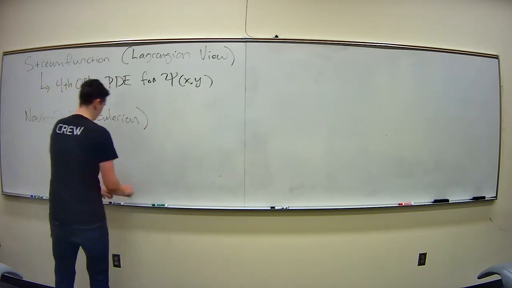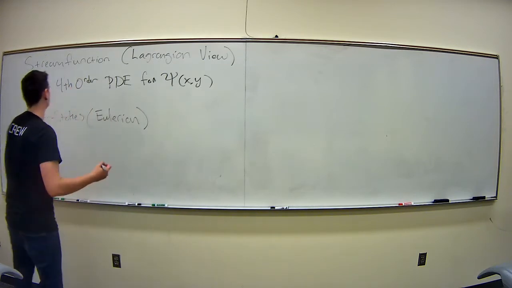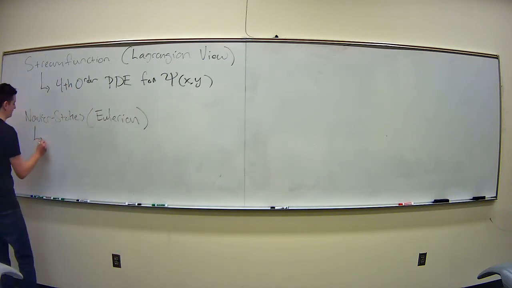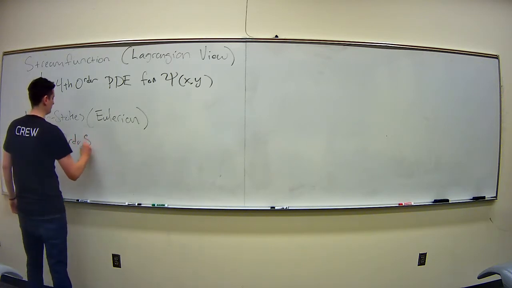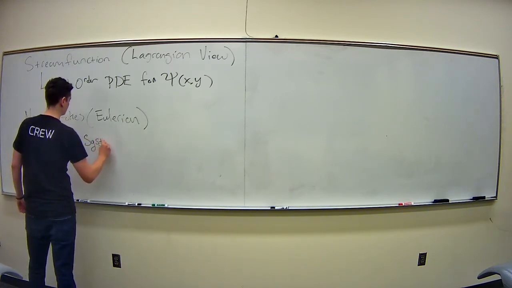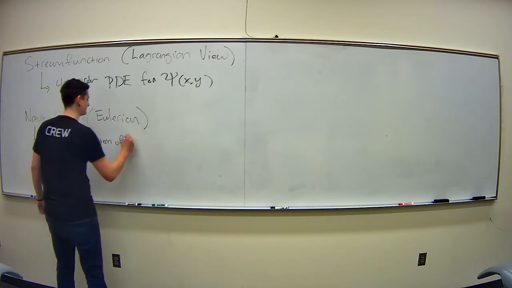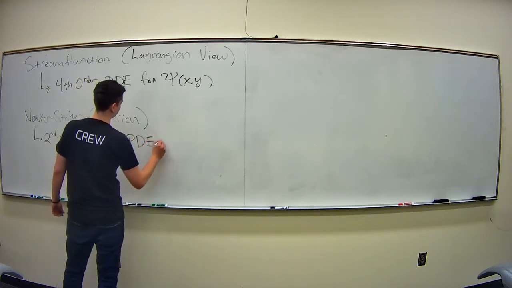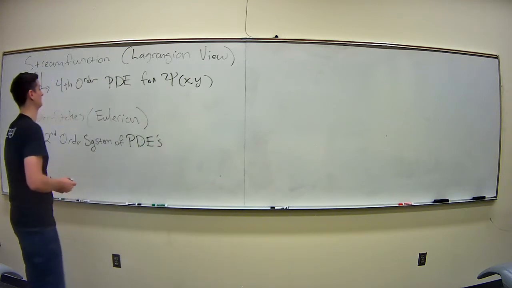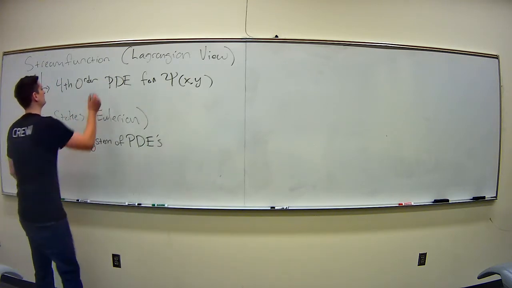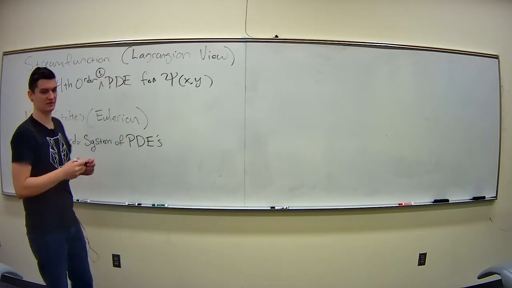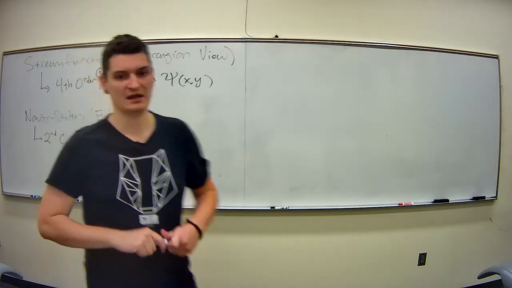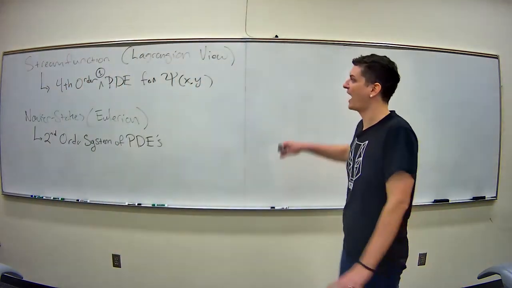Before then, in terms of finding this, it came up with a second order system of PDEs, partial differential equations. So I should really specify here fourth order, one PDE for the stream function of x and y. You can do it for 3 dimensions as well, but that's the idea, right?